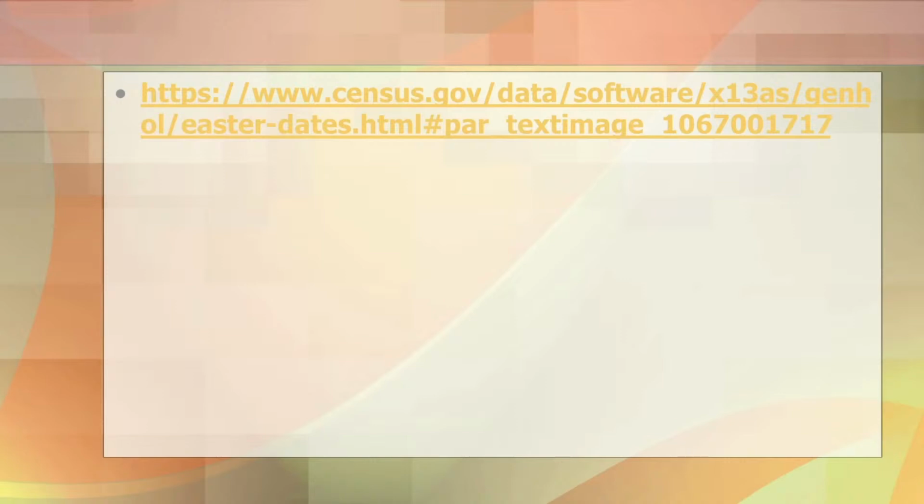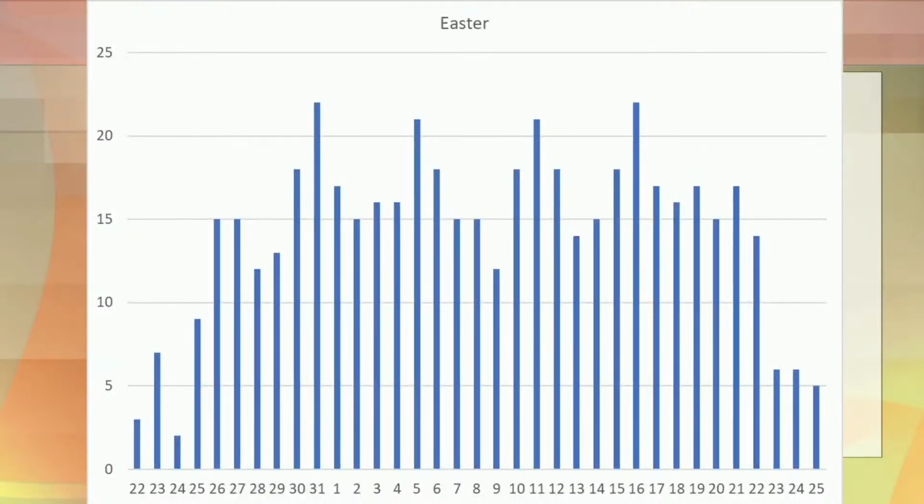So that's 5 centuries worth of years, and I graphed all of the dates over those 500 years, and you can see that the 22nd is the earliest that Easter could be, just the day after the 21st, and then the latest is the 25th of April. So we're pretty late in the game here on the 20th. It's a pretty late Easter. By the way, if you're waiting for the next time that it's going to be the 25th, it's actually 2038. In 2038, we will have Easter on the 25th, the latest it can ever be, and everyone's going to go bonkers.